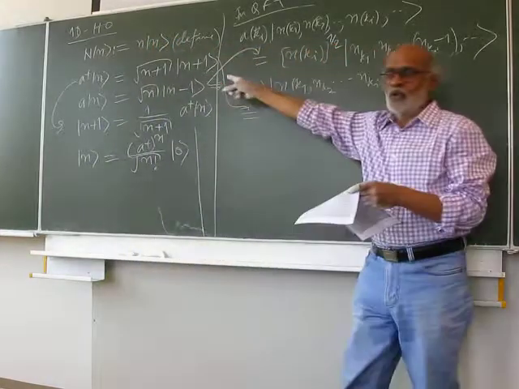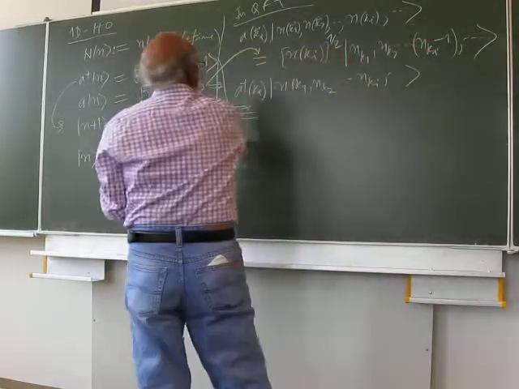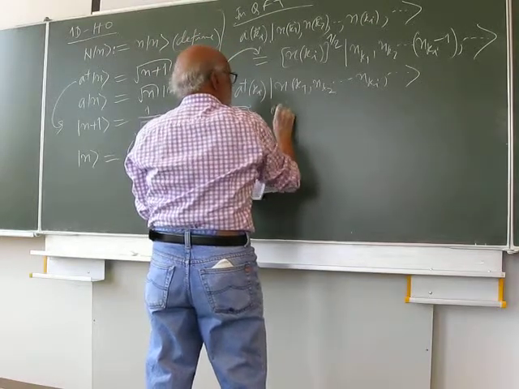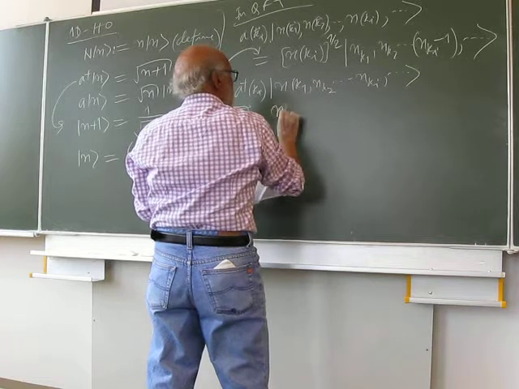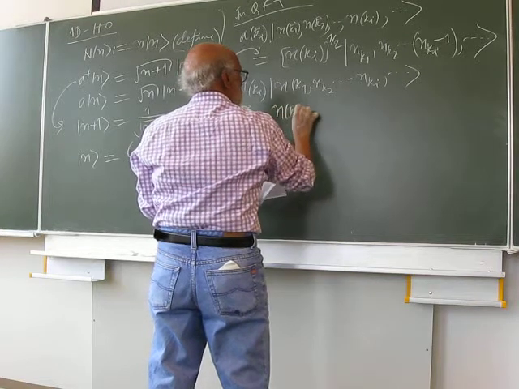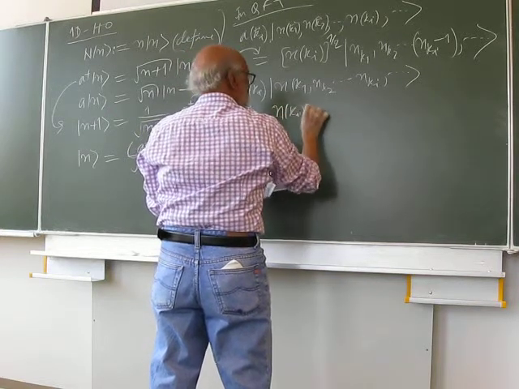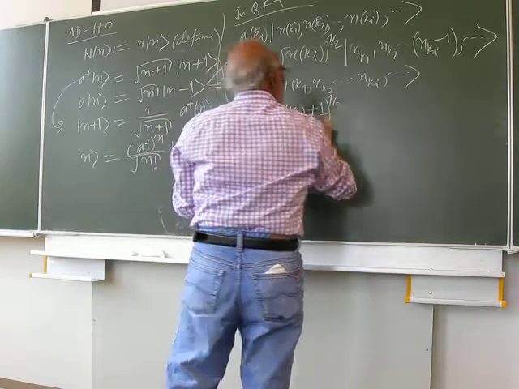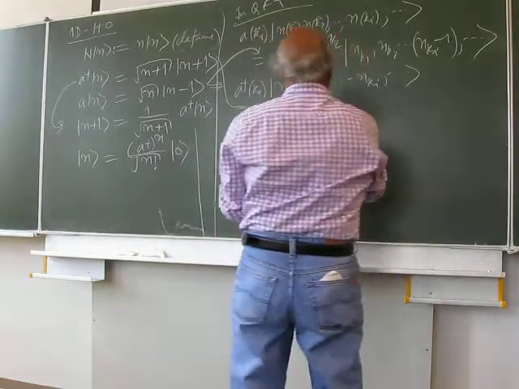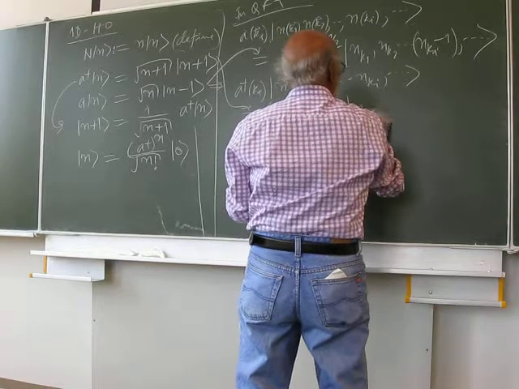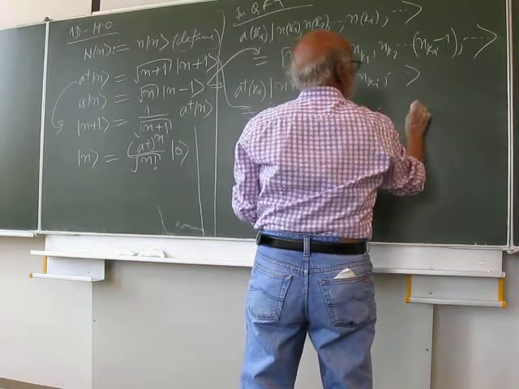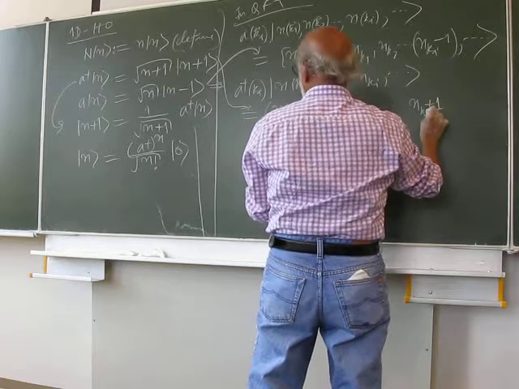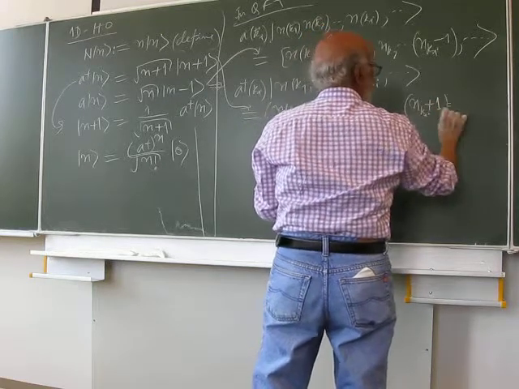This gives the square root of n_{k_i} plus 1, times the state with n_{k_i} plus 1.